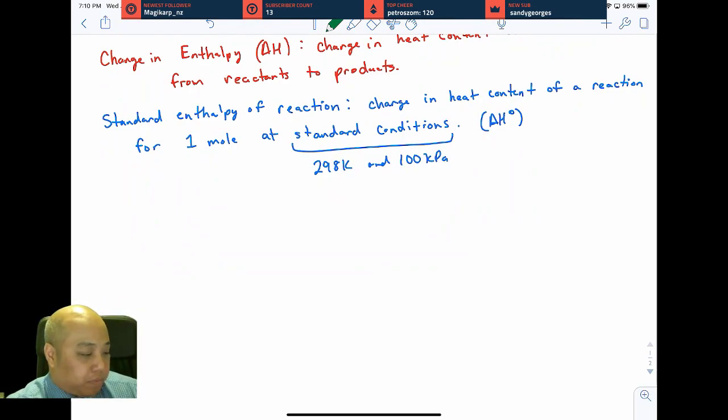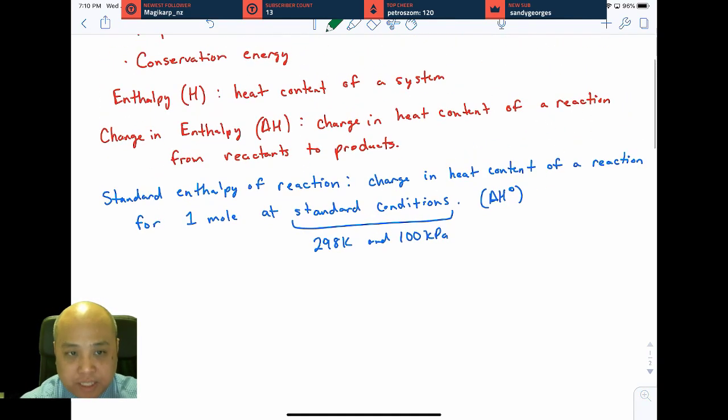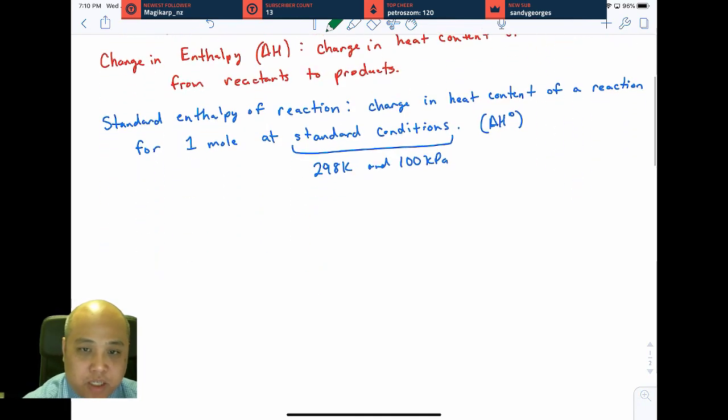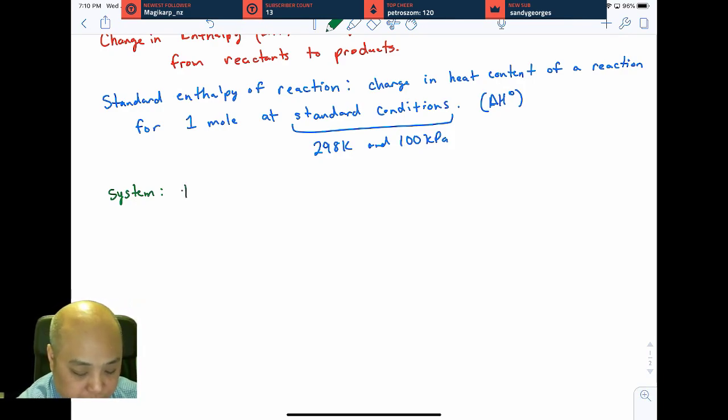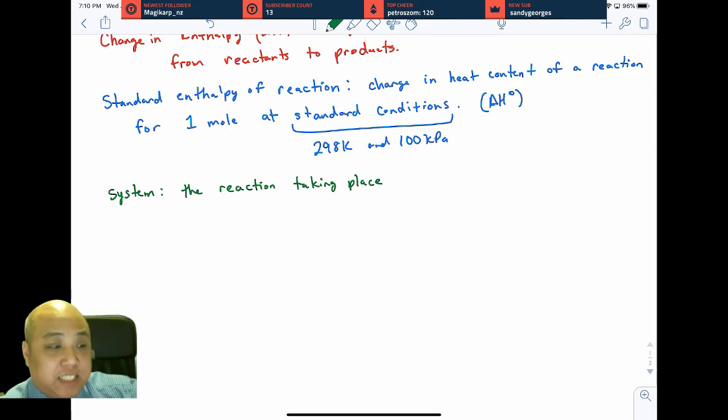We really want to define a few terms here, other than the ones we've just talked about, that will help me explain things throughout this topic. For our purpose, the system is the reaction taking place.